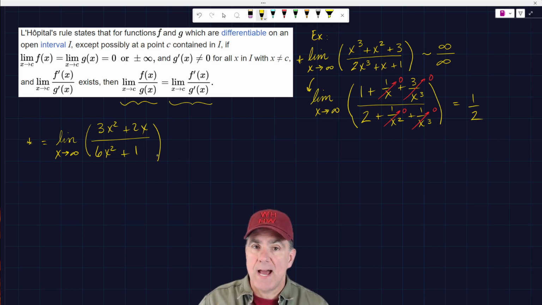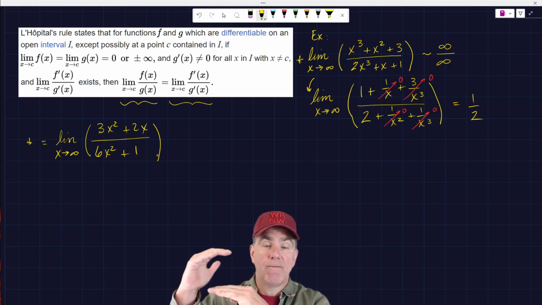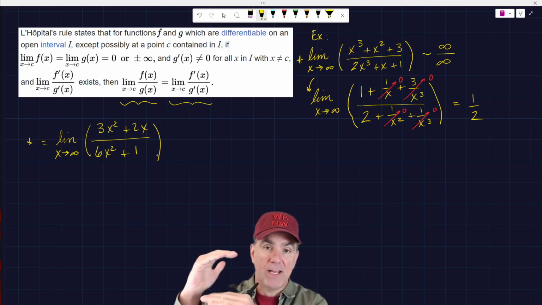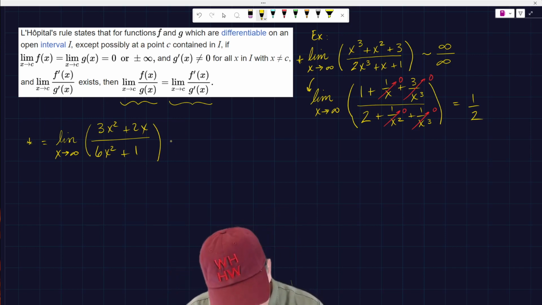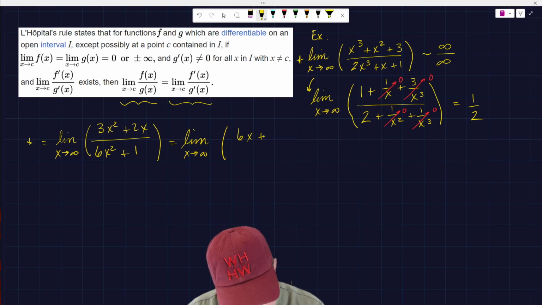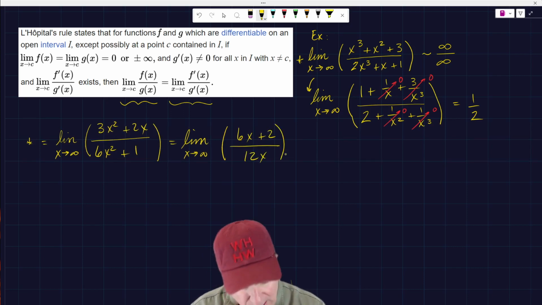L'Hopital's rule still applies. The functions are still differentiable, and I still have this indeterminate form of infinity divided by infinity. So if I take the derivative again, then I have the limit as x goes to infinity of 6x plus 2 all over 12x.